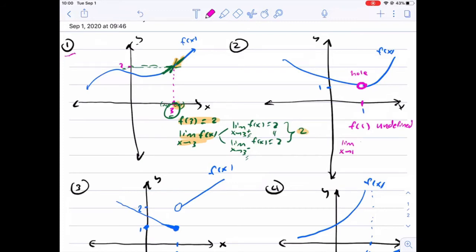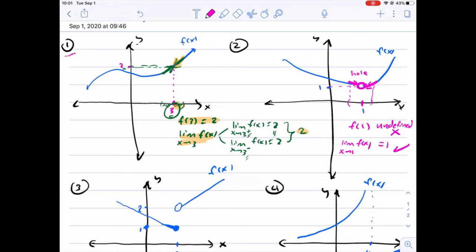If you start from the right, the limit goes to 1, and if you start from the left, you will approach 1. So the limit is 1 from the right and from the left. The limit does exist, but the value of the function is not defined, and then we have a problem.